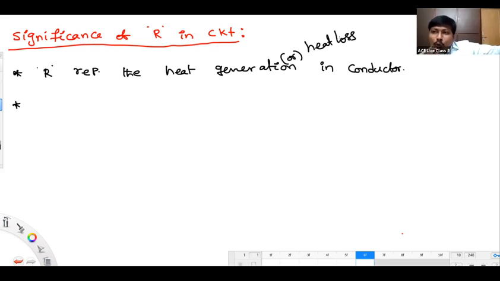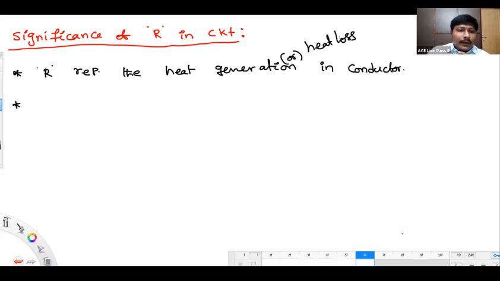How we will model that opposition for current flow in the circuit? It is going to be modeled as voltage drop. Opposition for current flow means it is going to be known as voltage drop. That voltage drop we are going to keep in the form of the resistance in the electrical equivalent circuit.